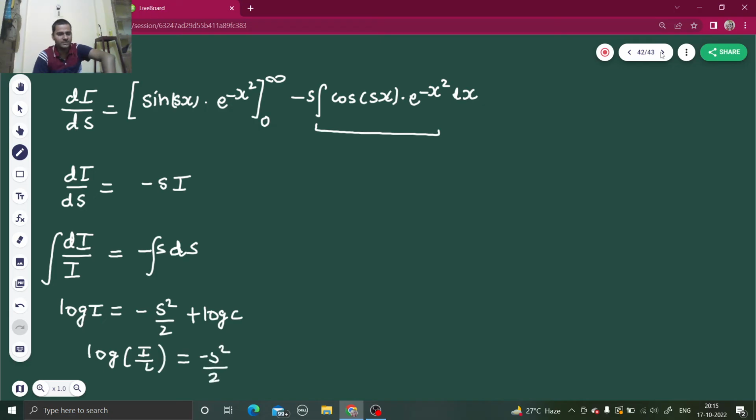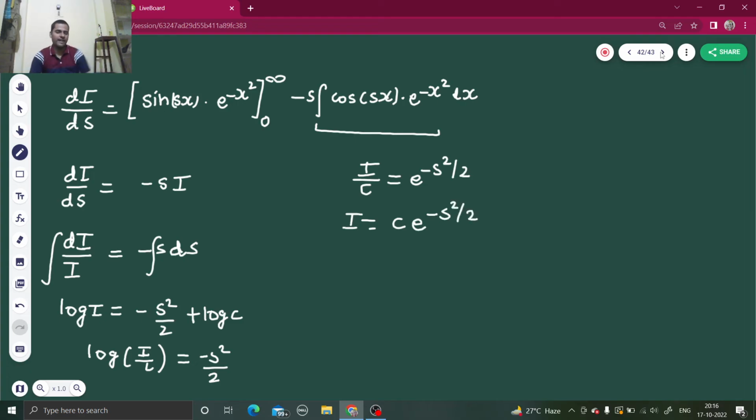Now if you assume log base to be e, so I by c is equal to e power minus s square by 2. Now I is c e power minus s square by 2.